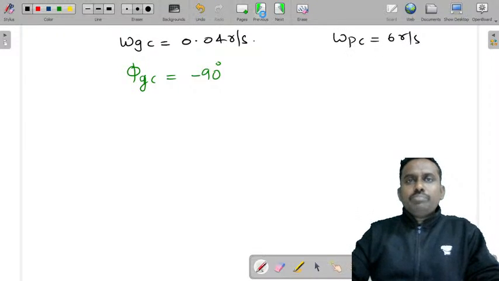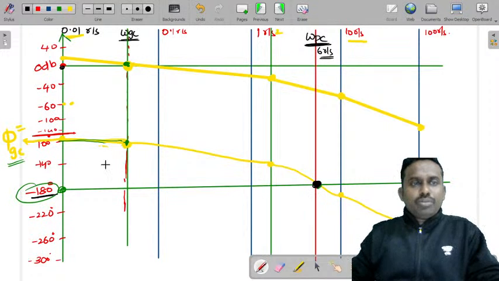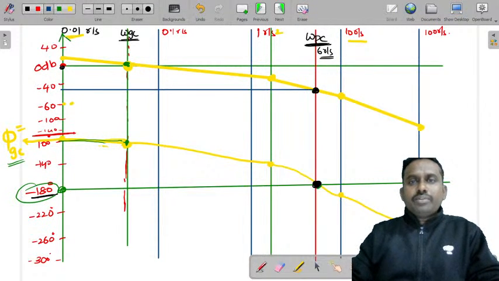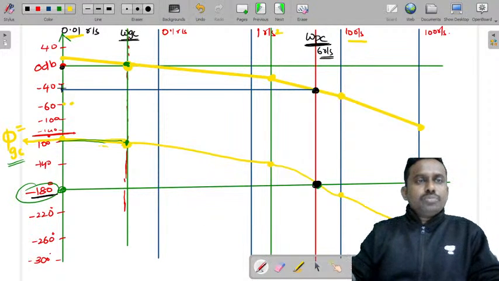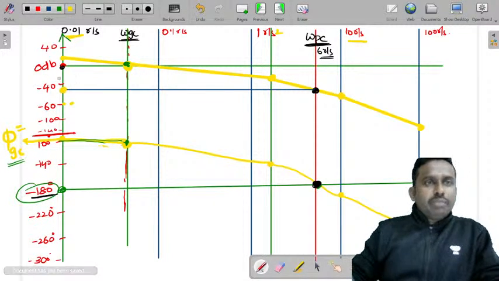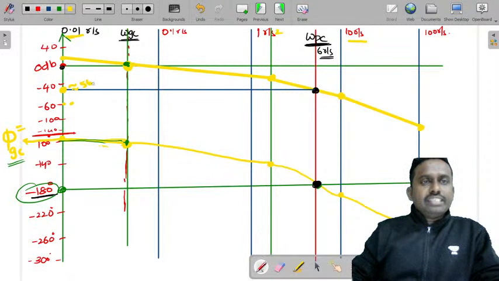Now at this omega pc, this is the phase plot. You just need to draw a line onto the magnitude plot and find the magnitude at this point. What is the magnitude at this point? Approximately, this will be 56 dB.